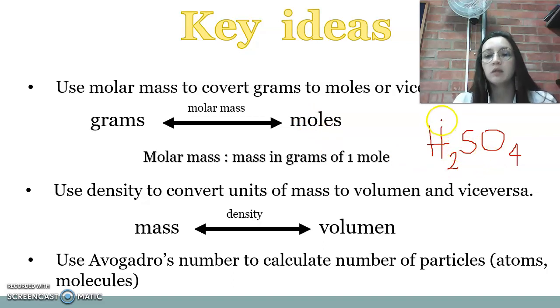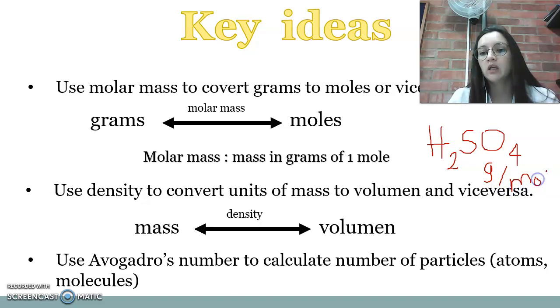The molar mass is found by looking at the atomic masses of the individual elements and adding them up together. The units of the molar mass are always grams per mole, and the reason is we are calculating how many grams are contained in 1 mole. So whenever I'm calculating the molar mass, I am calculating the mass in grams of 1 mole.